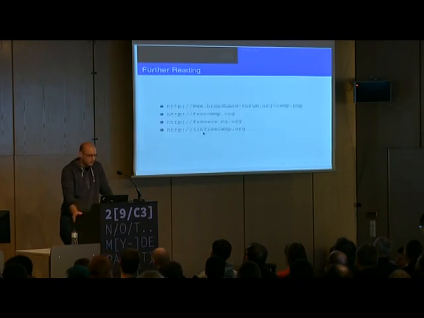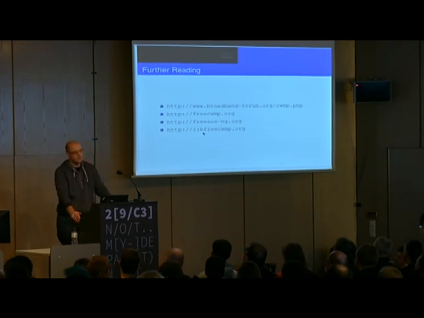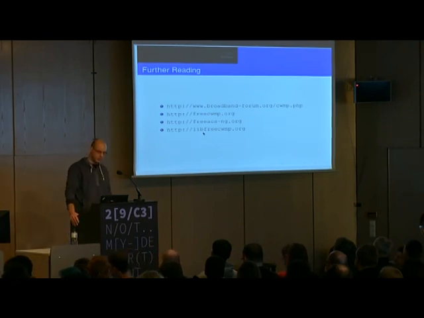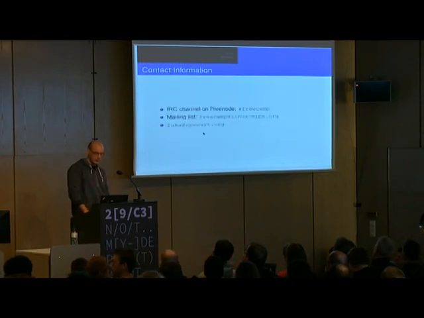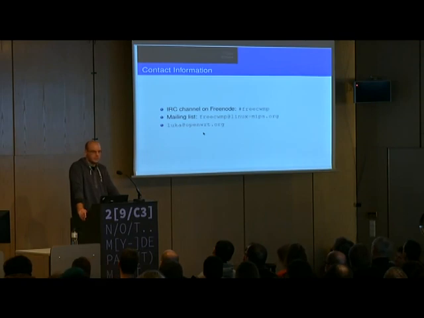Here is a list of links of these projects. The first one is the official Broadband Forum CWMP documentation. You can find us on Freenode, free CWMP channel, or you can send an email to the mailing list, and this last one is my email if you want to get in touch with me. Okay. Thank you.